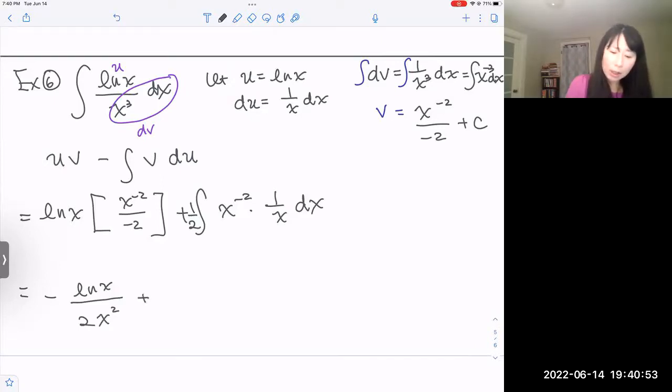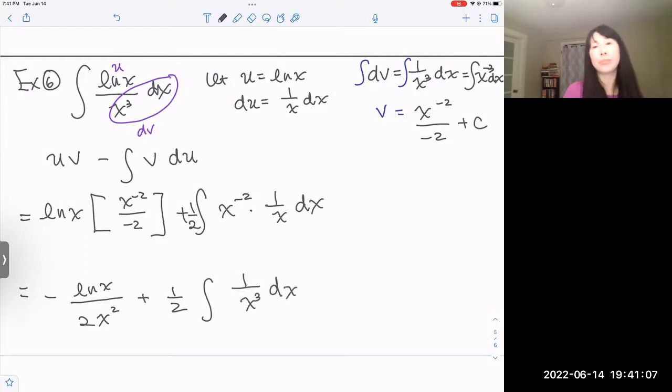ln x over 2x to the second power for the first term. Then second one has 1 over 2. Now the second one has x to the negative 2 power, which is 1 over 2x squared. So we will have 1 over x to the third power, right? Now look, integrate x to the negative 3 power, then we have this one, right?